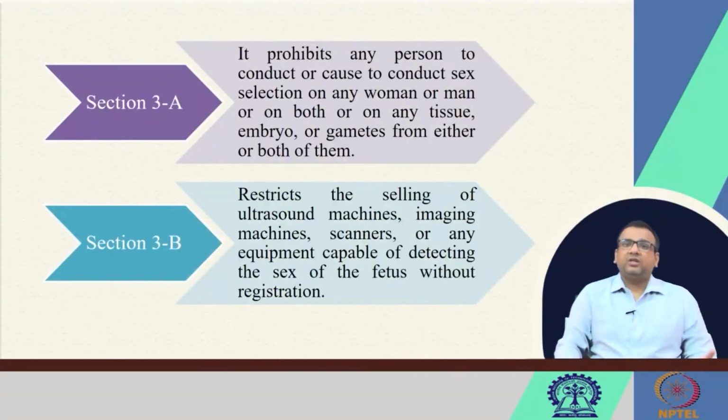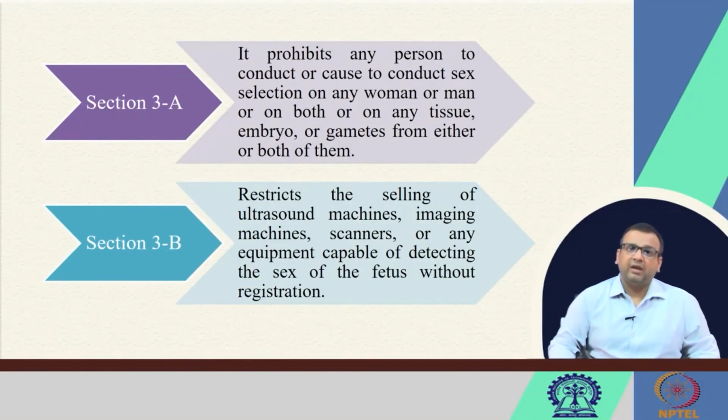Coming to the further sections detailing this act, which come under sections 3A and 3B. Section 3A prohibits any person from conducting or causing to be conducted sex selection on any woman or man or on both, or on any tissue, embryo or gametes from either or both of them.